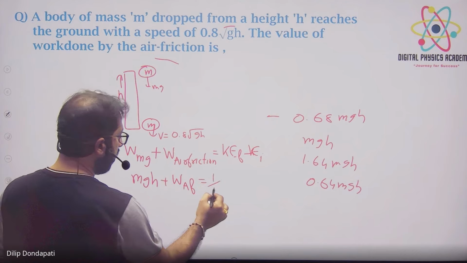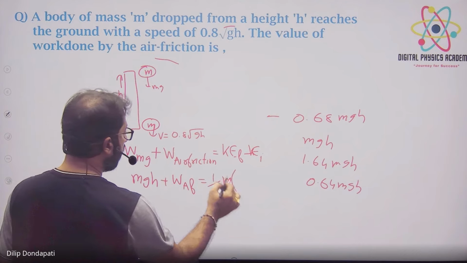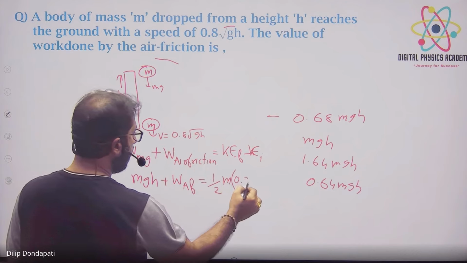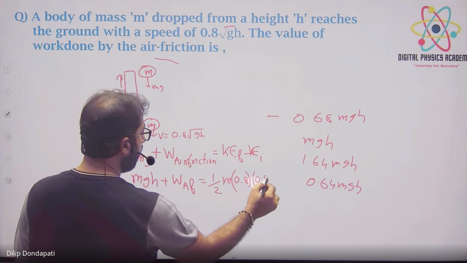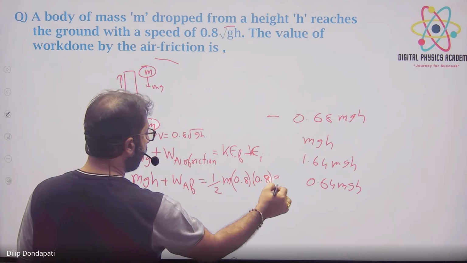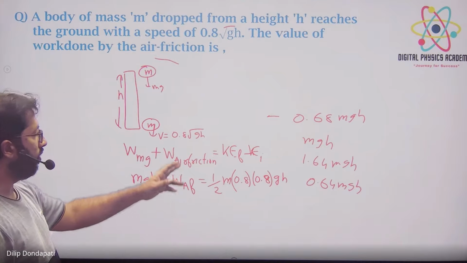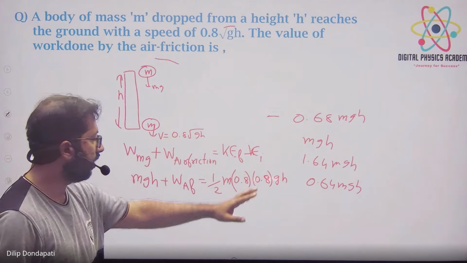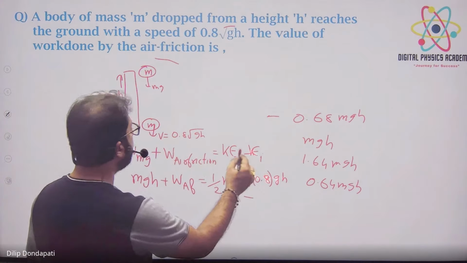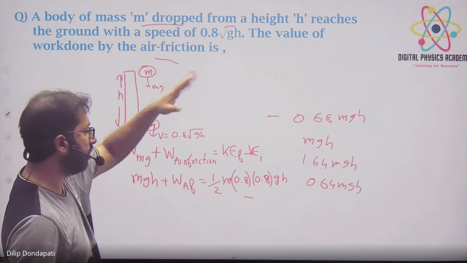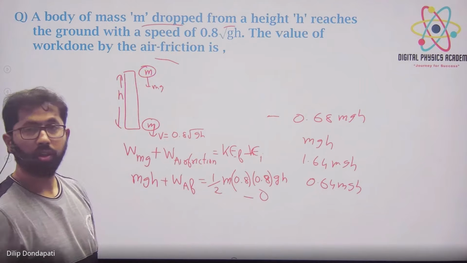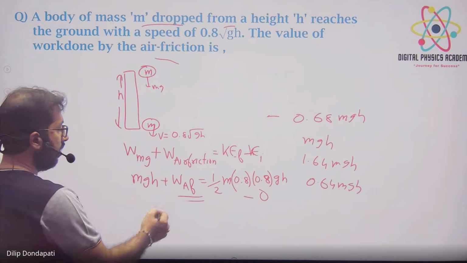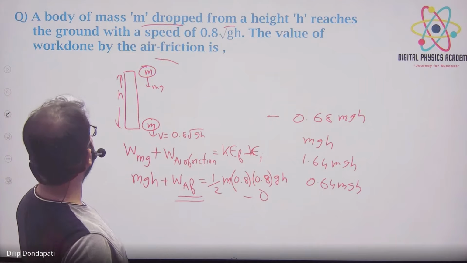So half m v square means half m into 0.8 into 0.8 gh, right? v square है ना, इसका square, gh वाला, minus initial kinetic energy. Initially it is dropped, means initial velocity is 0. So from this try to find W air force का.